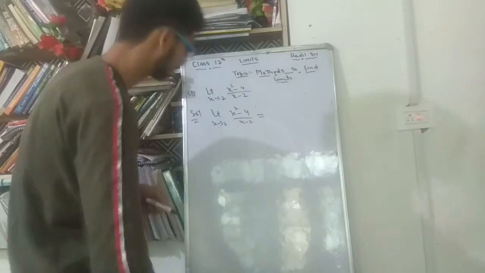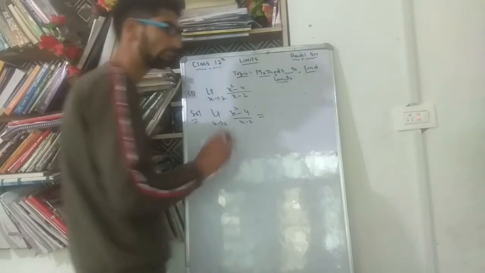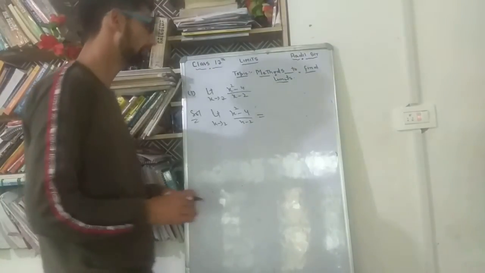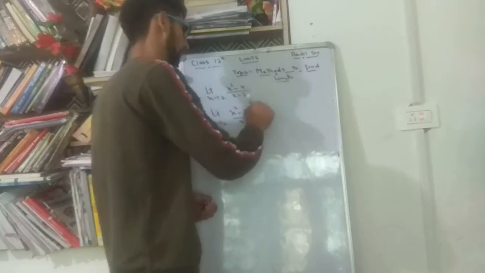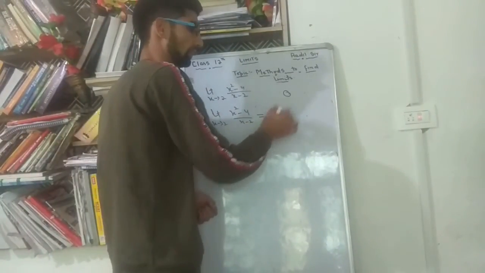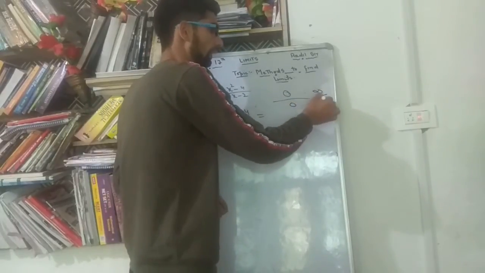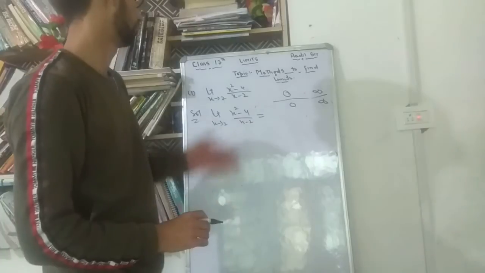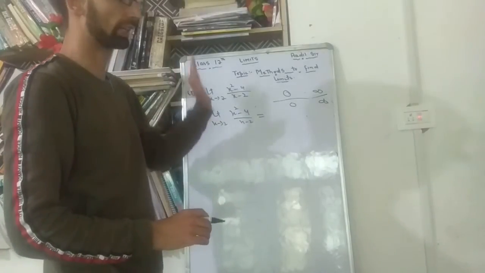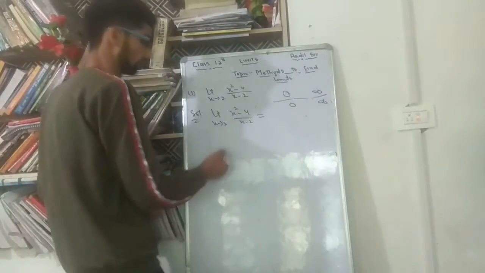Now the second one is, if we have the value of the function at point C equal to indeterminate, 0 divided by 0 or infinity divided by infinity, at that time we have to factorize the numerator and denominator. So we will try to factorize them.